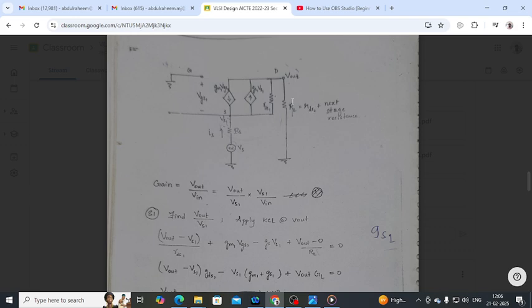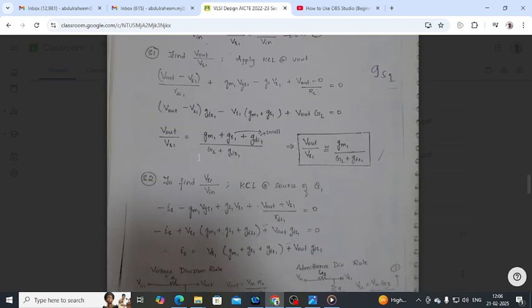So this equation, taking minus 1, is plus Vs; I am taking common gm1 plus gs1 plus gds1 into Vs, plus V out into gds.